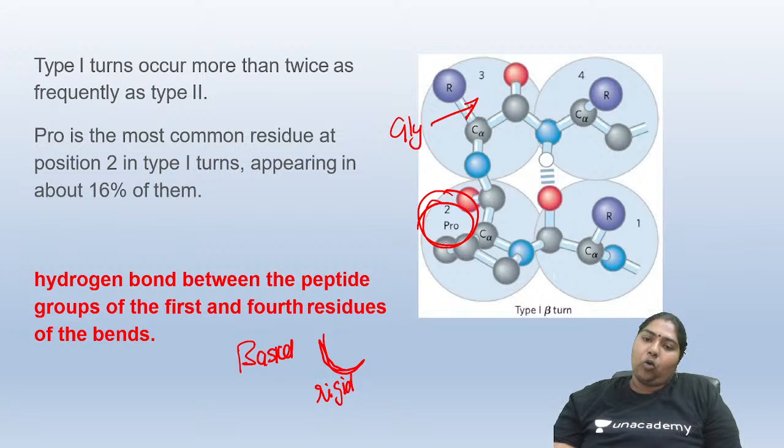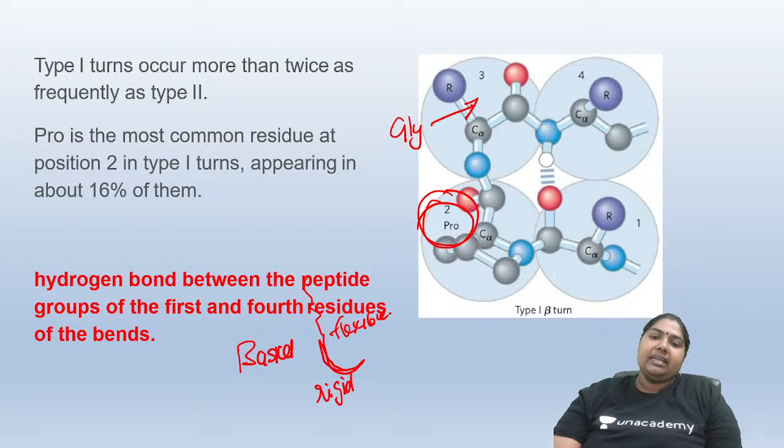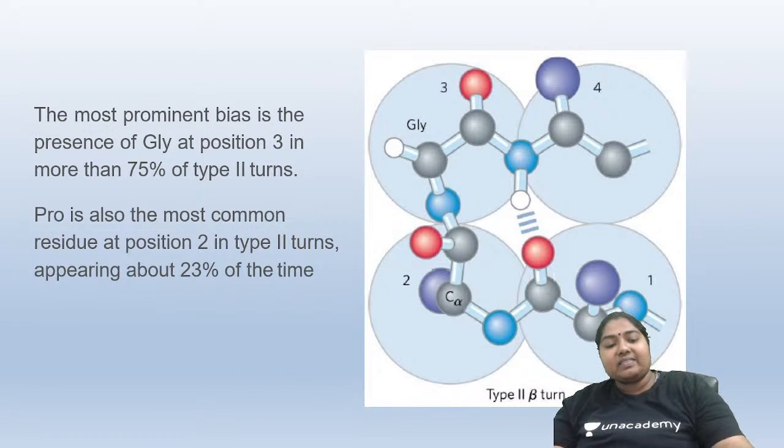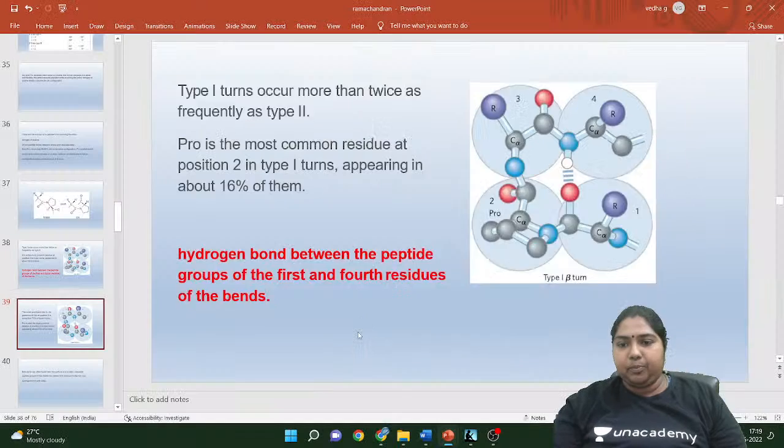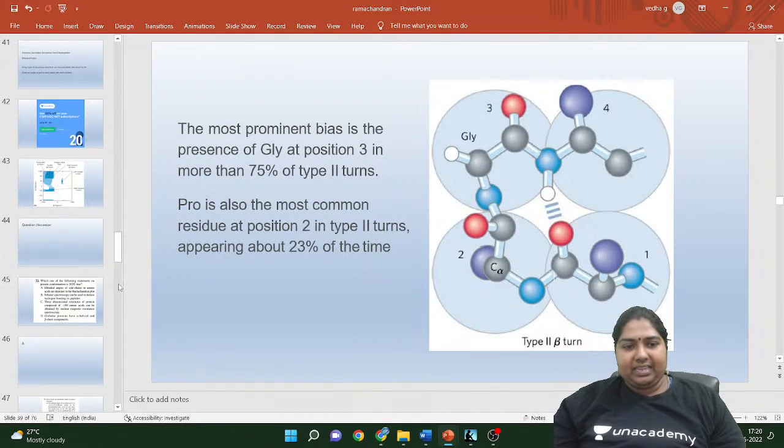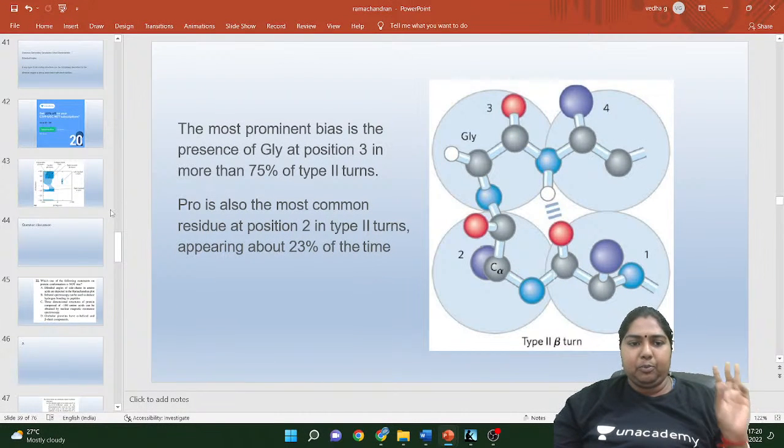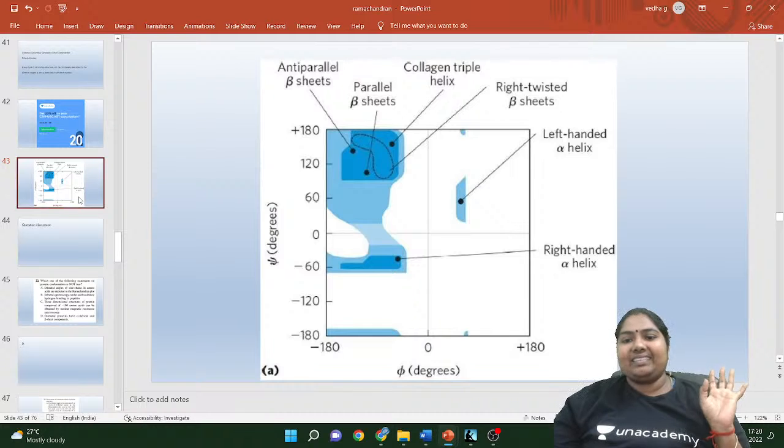That is why you keep proline there. Then this part should be a little bit flexible. So that is how this glycine is present there, and this is going to be a proline. This is type 1, and one more turn is there, called type 2. So majority of the things we have covered: type 1 turn, type 2 turn.